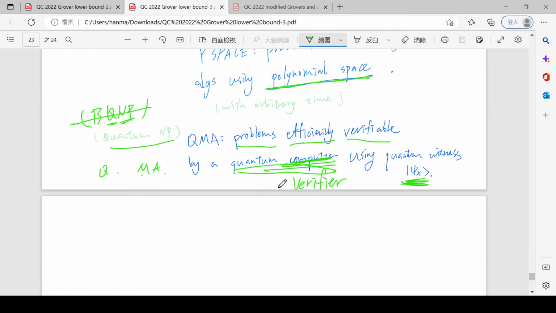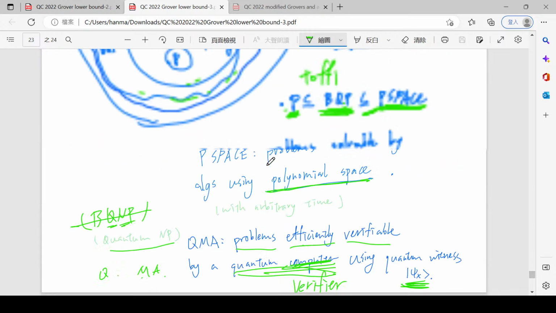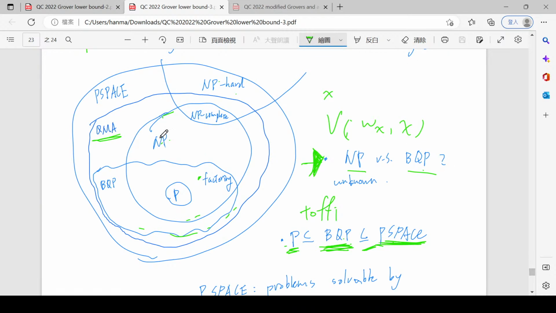And because QMA has this verifier structure, it also contains NP. And with some work, you can also show QMA is still in PSPACE. So the complexity class picture we think about is like this.